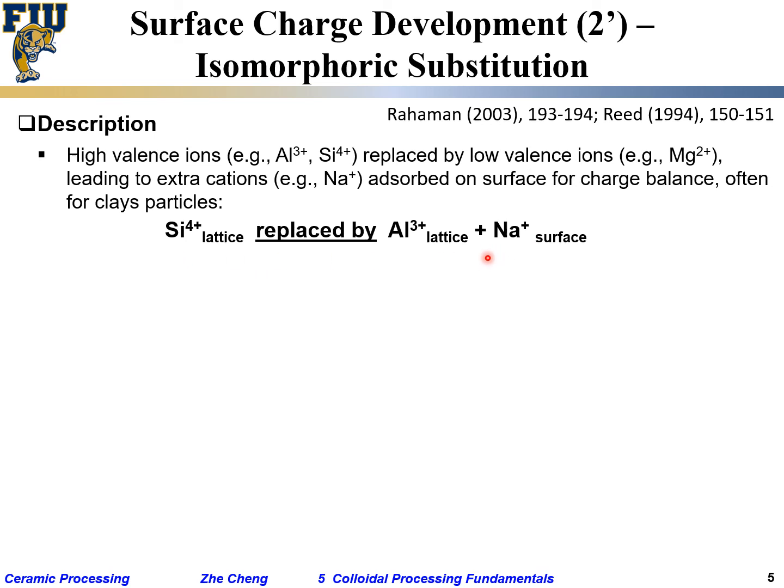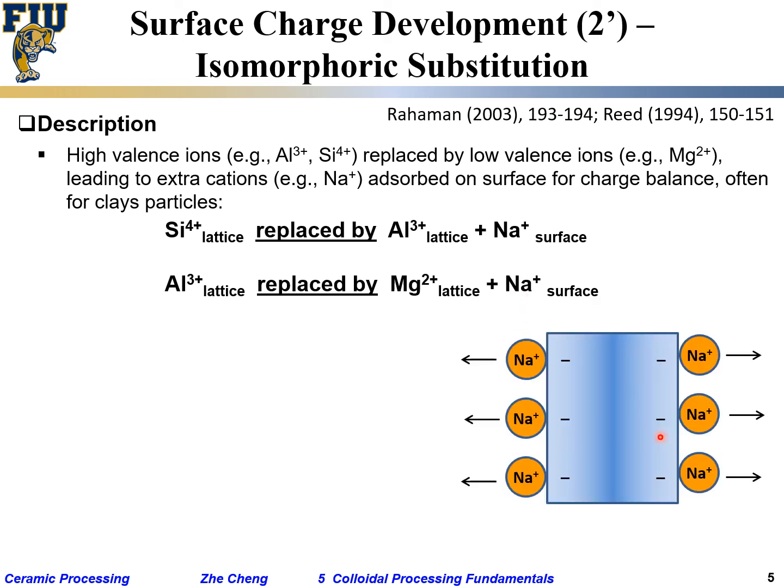I achieve so-called charge neutrality. Another example, aluminum cation 3 plus replaced similarly by magnesium, but then it's not charge balanced, so the surface gets attached with a sodium ion. This is a type of so-called isomorphic substitution. Silicon substituted by aluminum, aluminum substituted by magnesium, but then I need some surface cation to compensate.